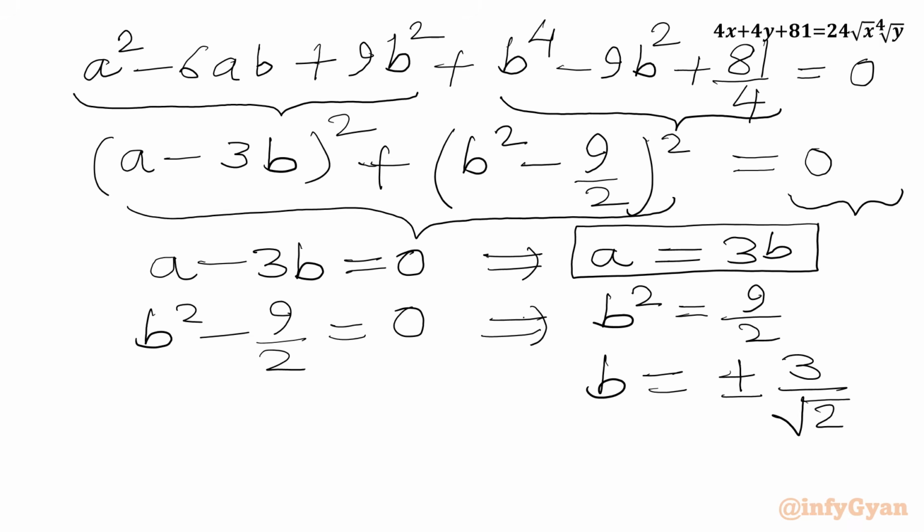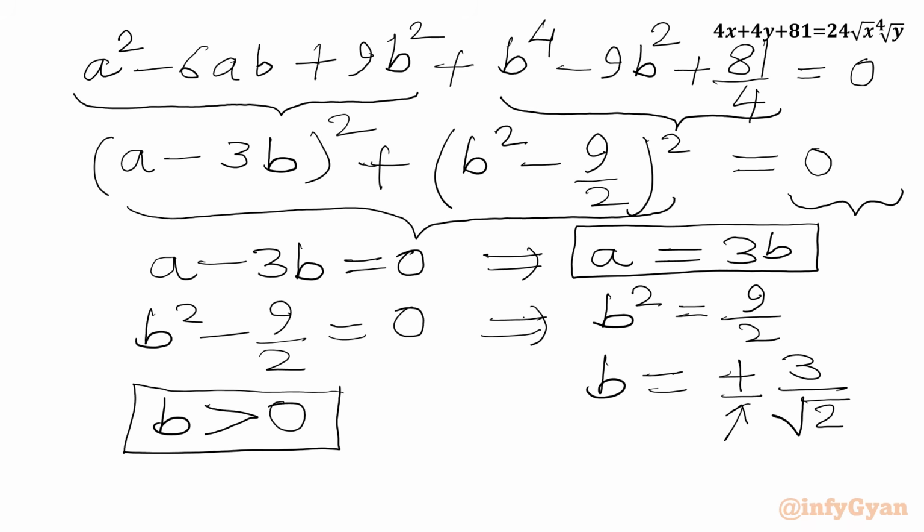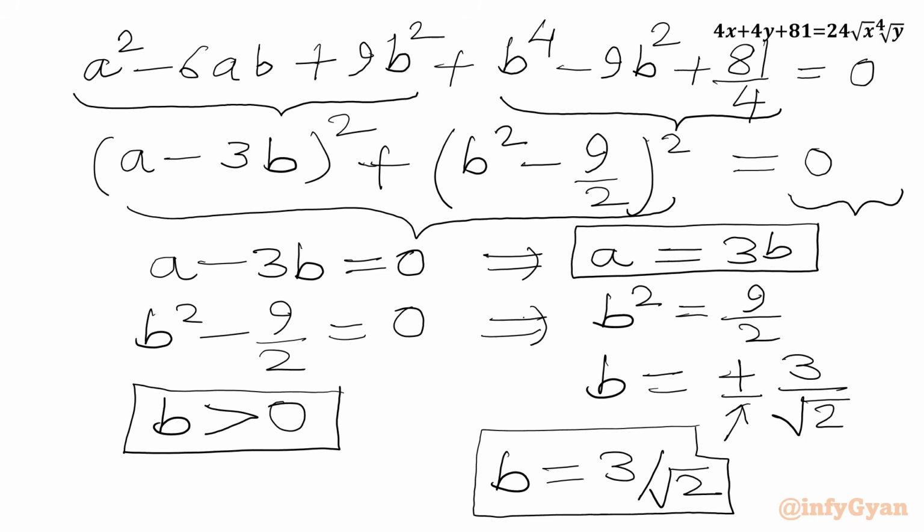Now there is one condition. B should be greater than 0 for y to be real. So we are going to reject the minus sign. So we can write b will be equal to 3 over square root 2. Once b is 3 over square root 2, a will be equal to 3 times b, which is 9 over root 2.